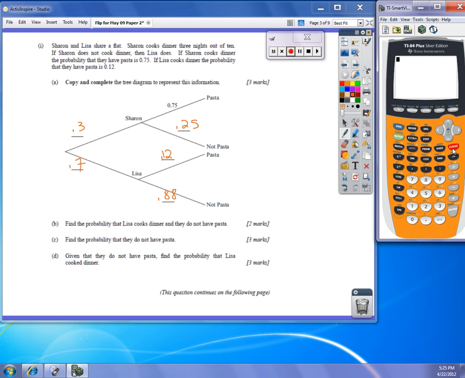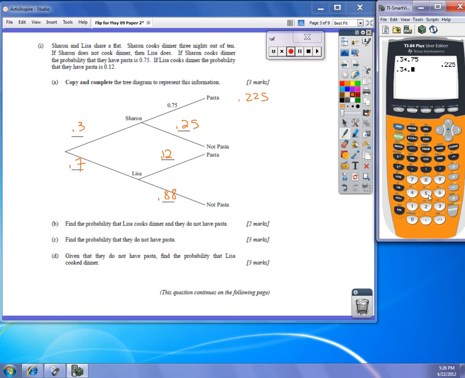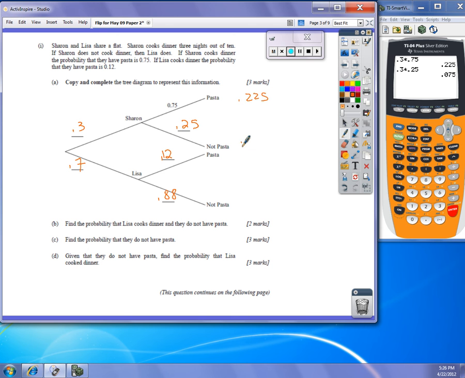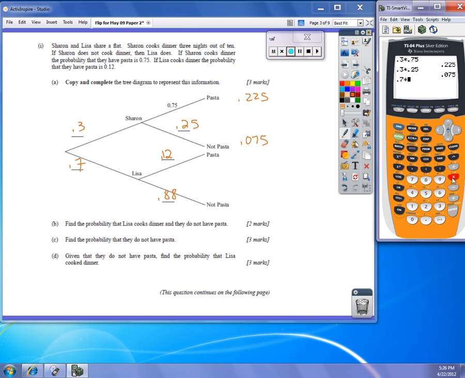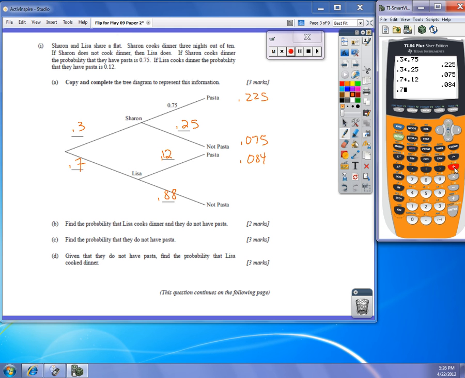So I would multiply 0.3 times 0.75 and write down 0.225, 0.3 times 0.25 is 0.075, 0.7 times 0.12 is 0.084, and 0.7 times 0.88 is 0.616.